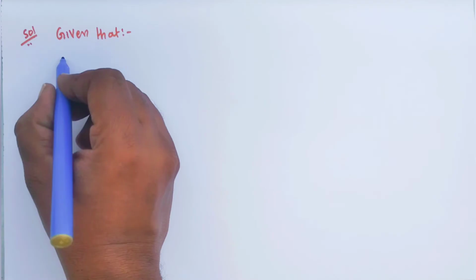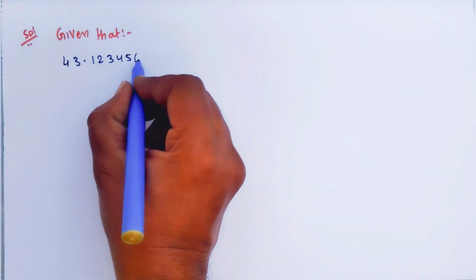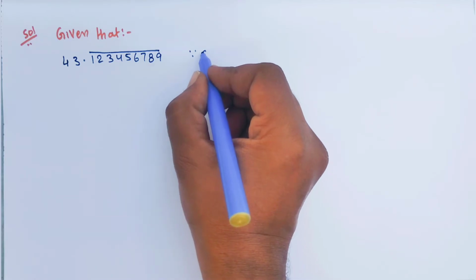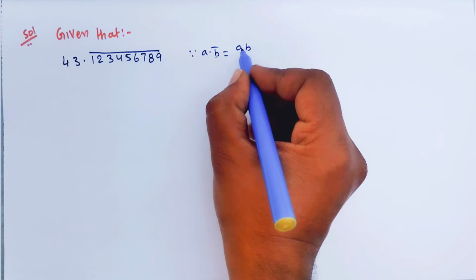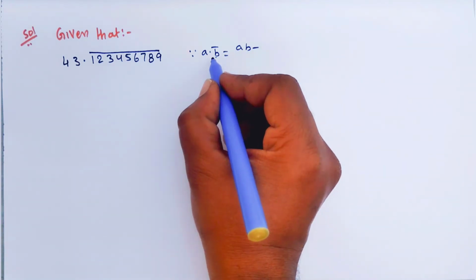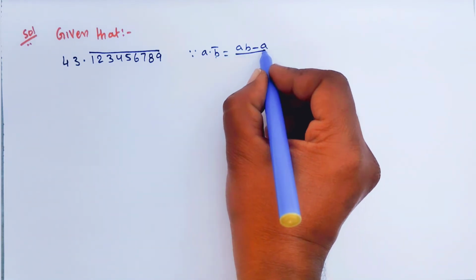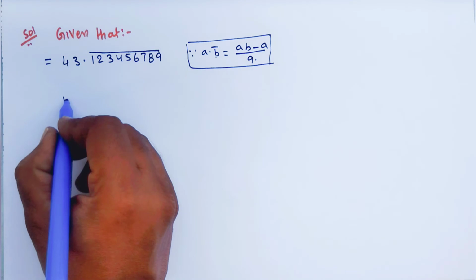Now we take one more solution. Given that 43.12345678 with a bar from 1 to 9. It is in the form of a dot b bar, which can be written as ab minus a, divided by as many nines as there are digits under the bar.